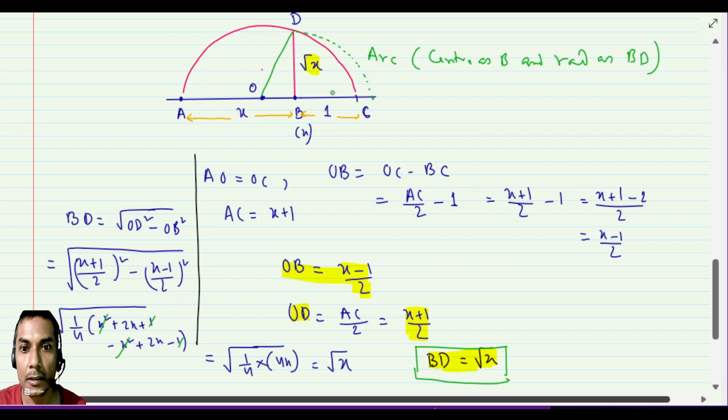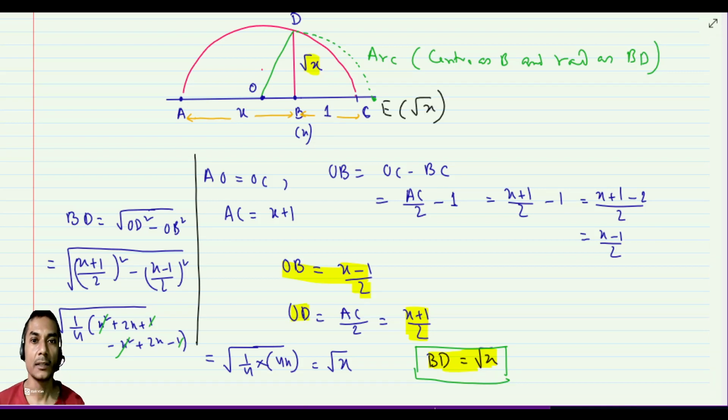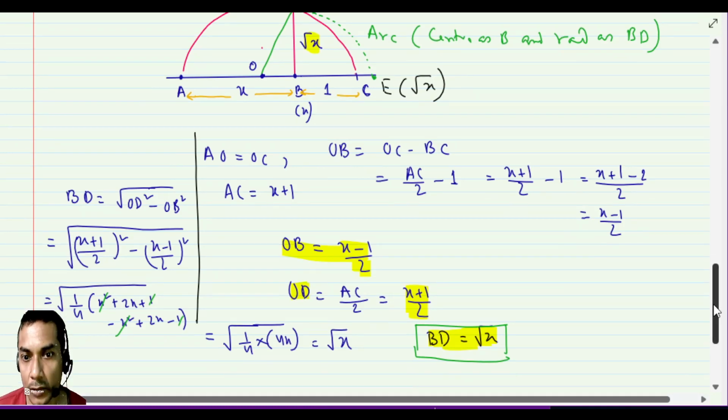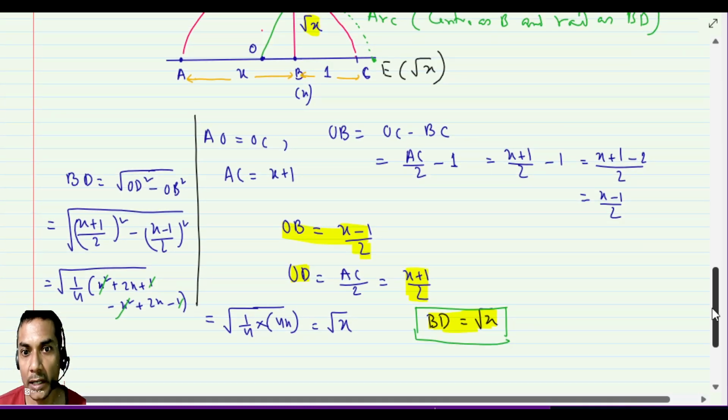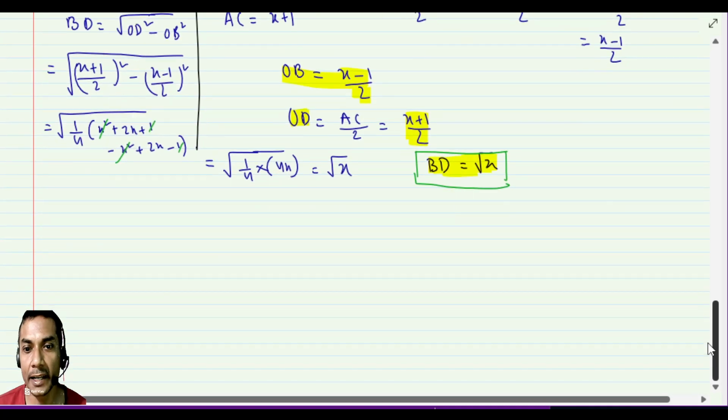Clear? So let's take these points as A, B, C, D, E. E represents the root x on the number line. Is it clear?